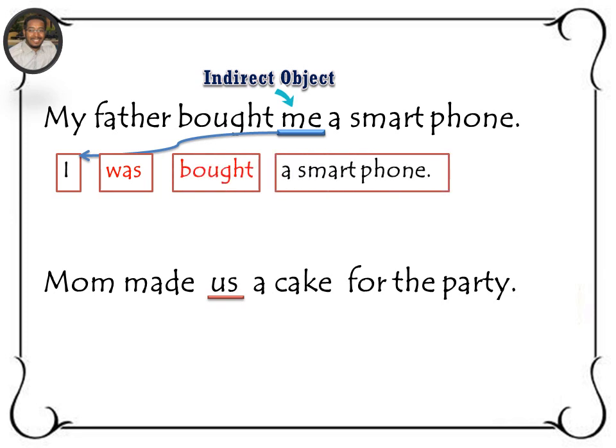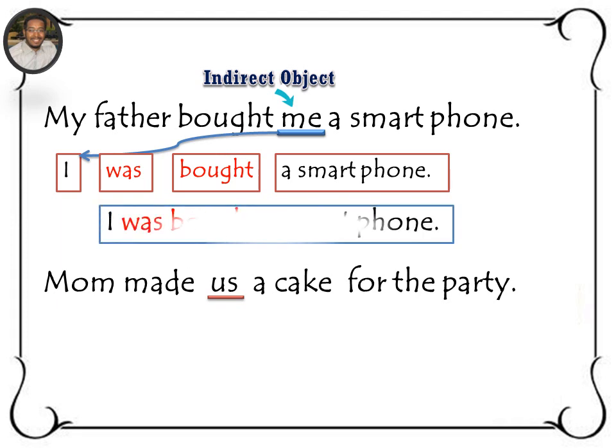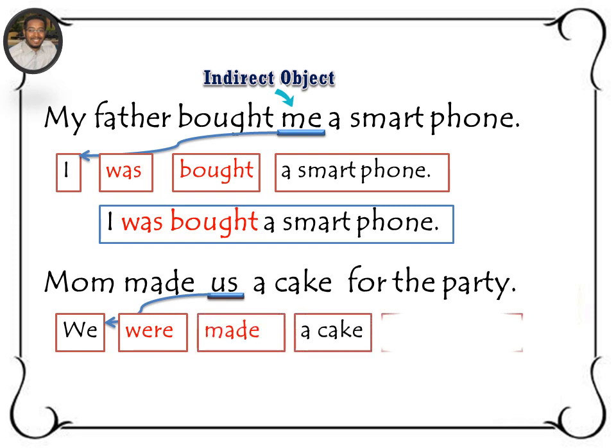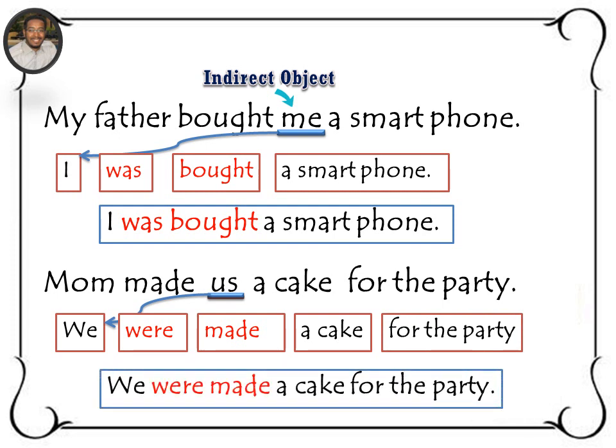If you want to add by my father, it's okay. Okay? And in sentence number 2, we have we were made a cake for the party. You see, it's so easy.